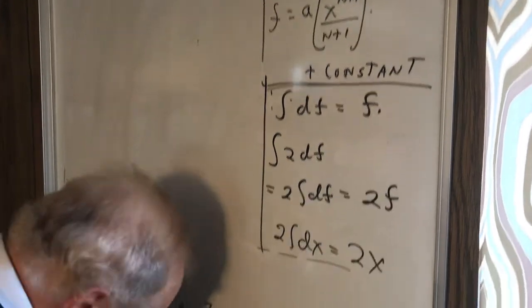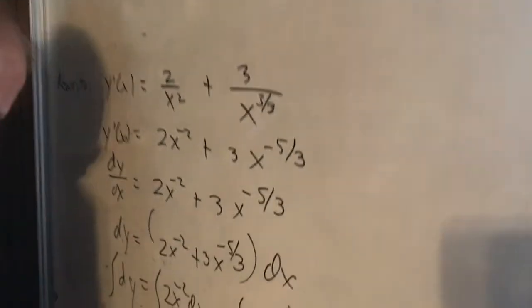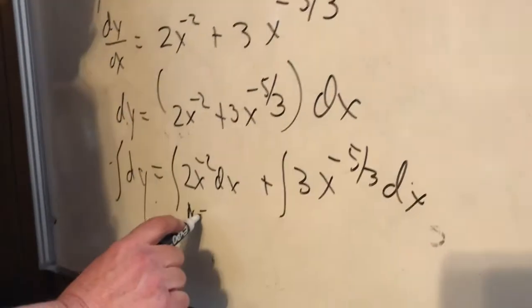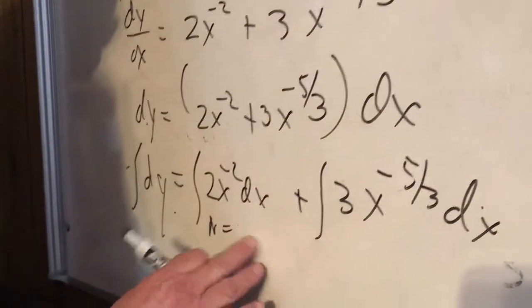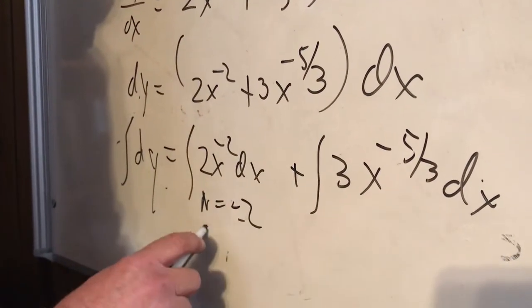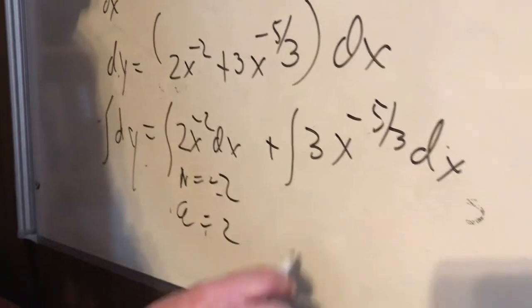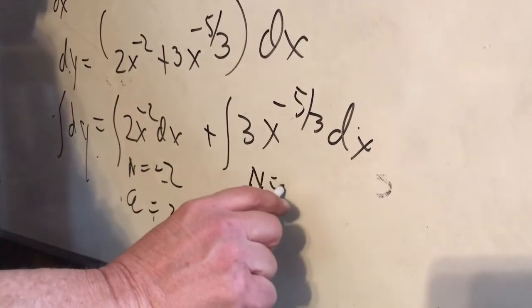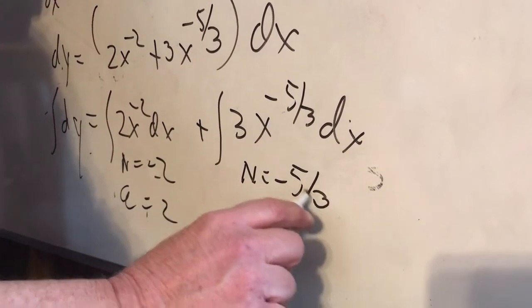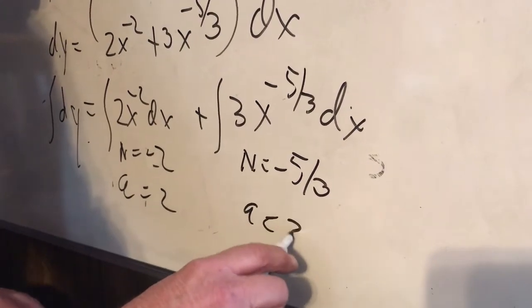So here we have n is minus 2, a is 2, here n equals minus 5/3, and a equals 3.